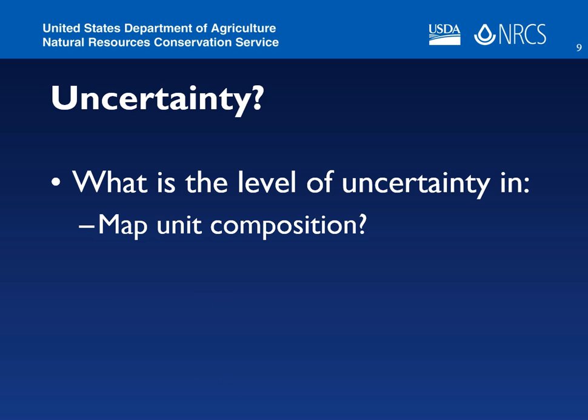I could go back to that map and I could show you that map. A lot of the transects were run down the road. What's the level of uncertainty on something like that when the site selection wasn't biased enough to be able to give you the information necessary for what you feel is the heart of that map unit?